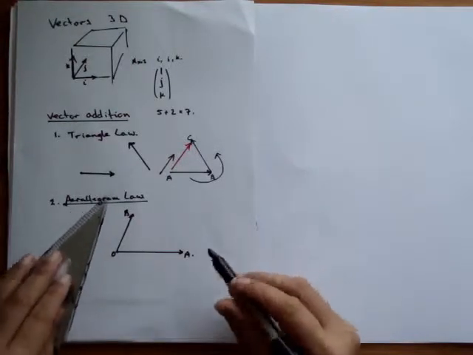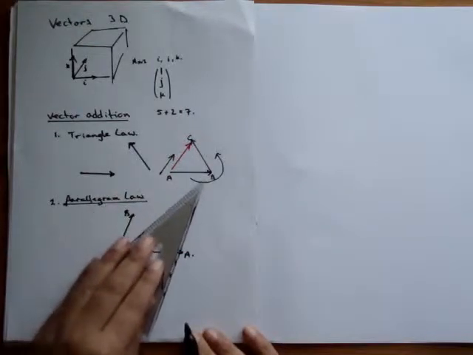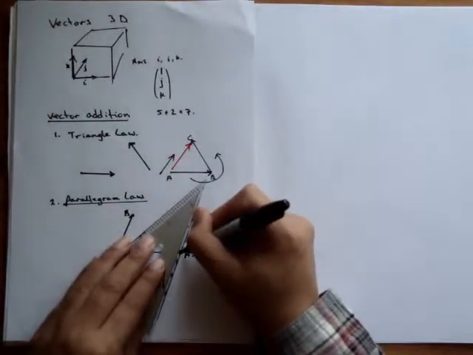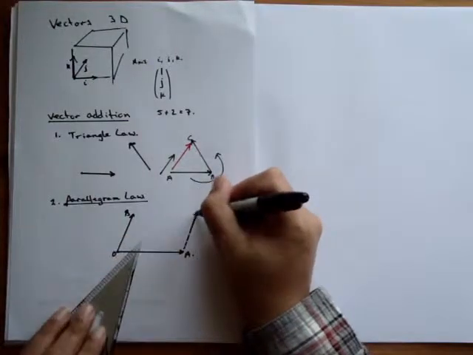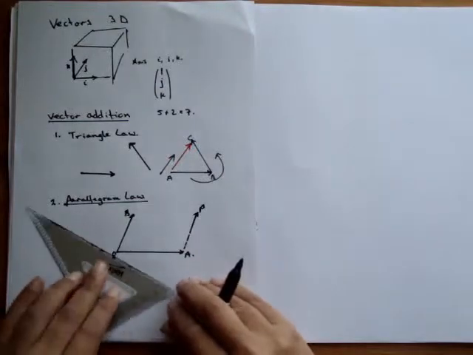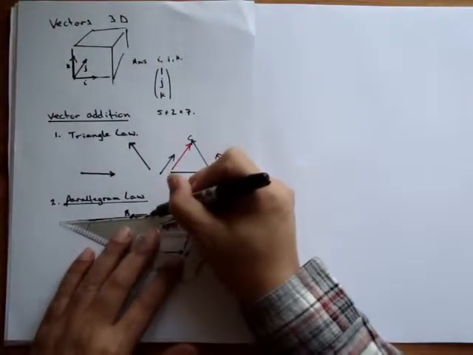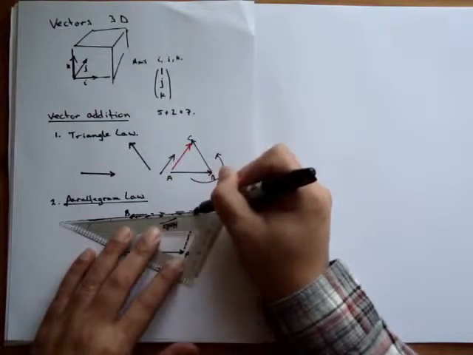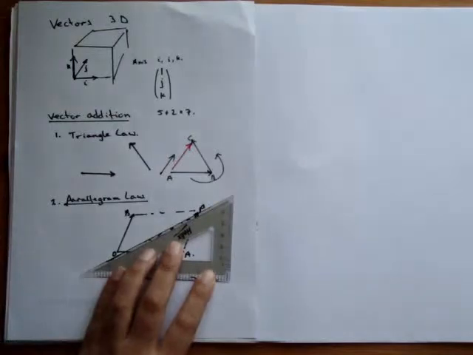So what we have to do is move the OB vector onto tip to tail. So this would become our vector P, and this would become our other side of the parallelogram, and our resultant vector would be in red.